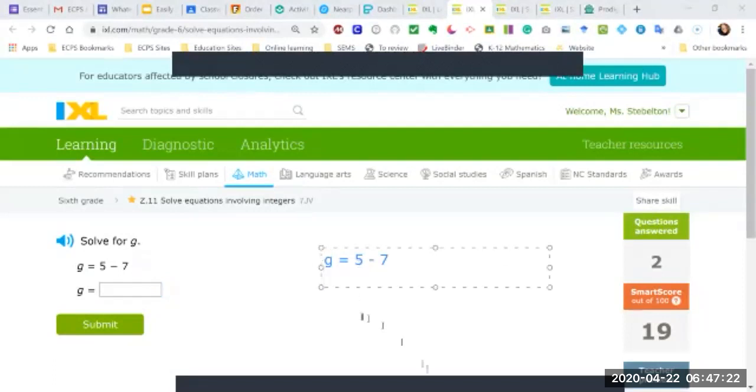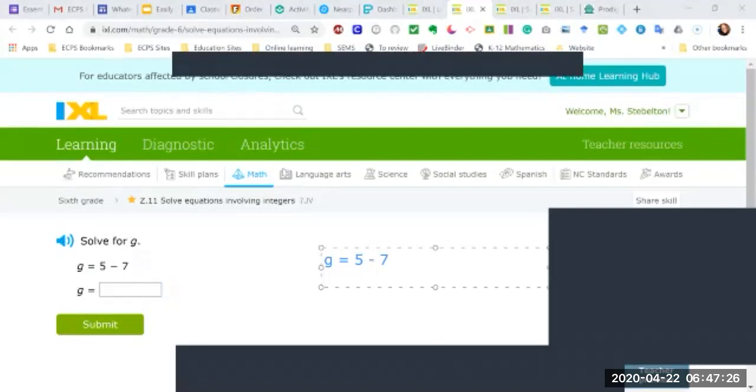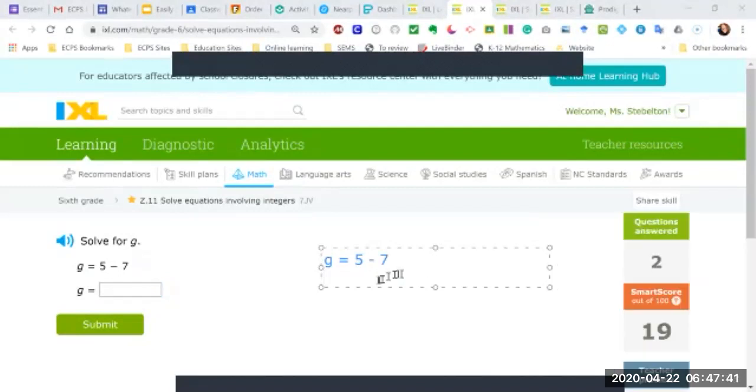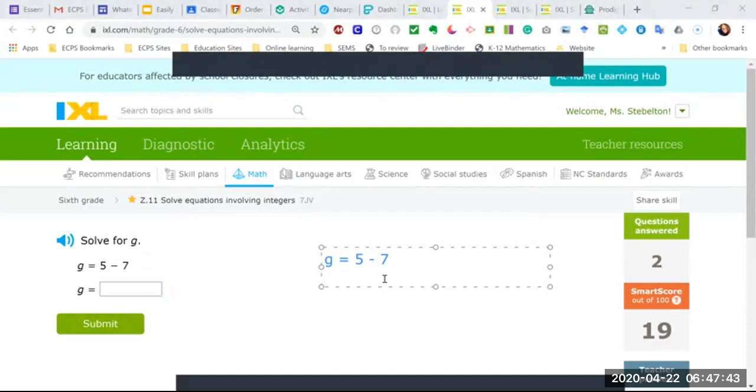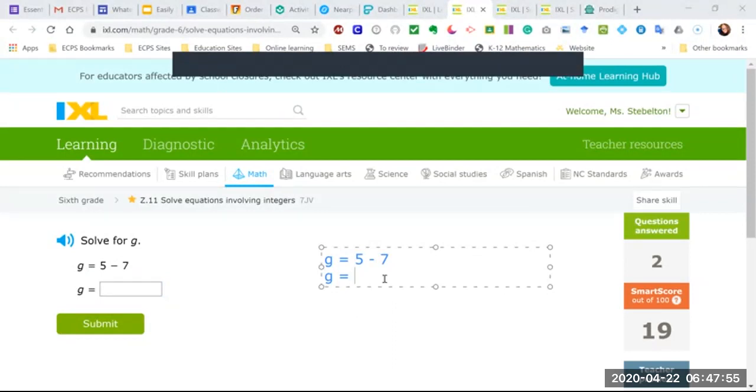For us to do that, we're going to want to change this to an addition statement, because we are taking away more than what we have. If you remember, to change it we do keep, change, change. So keep the first number, change to addition, and change the sign of the last number.